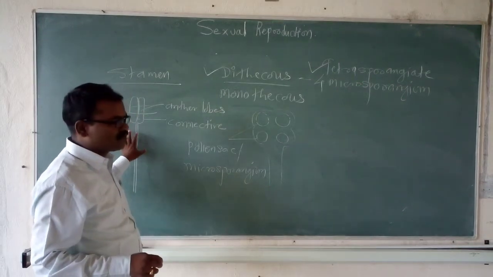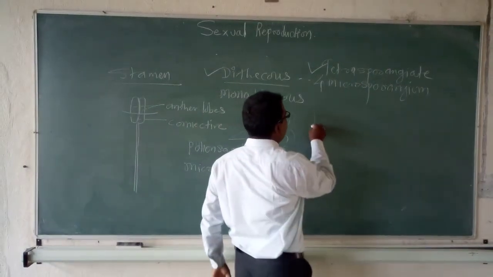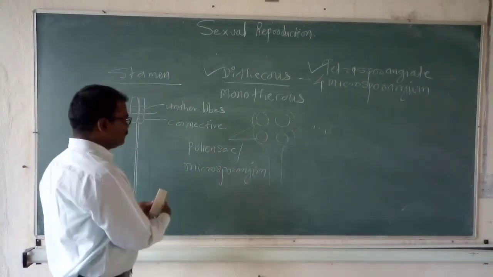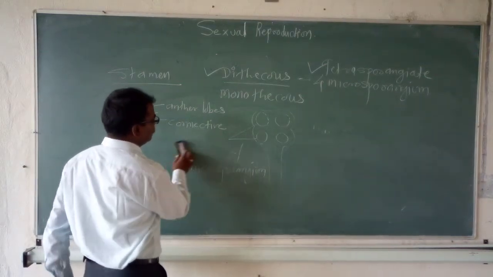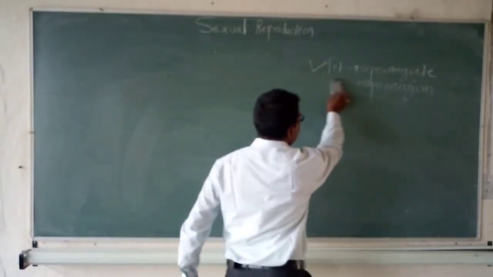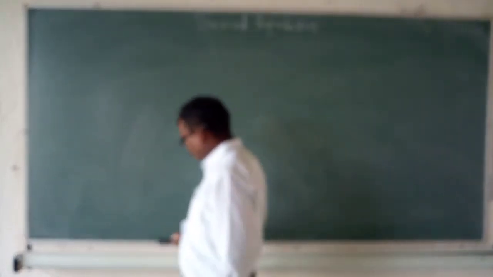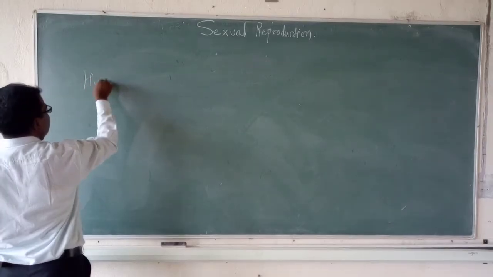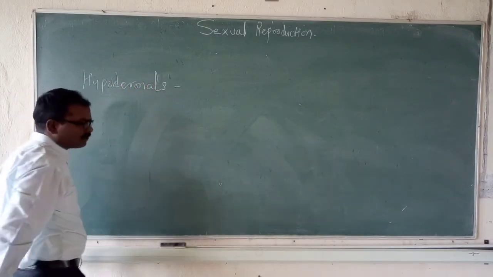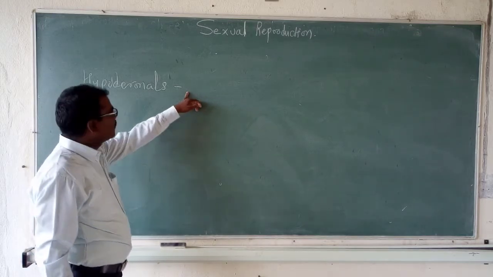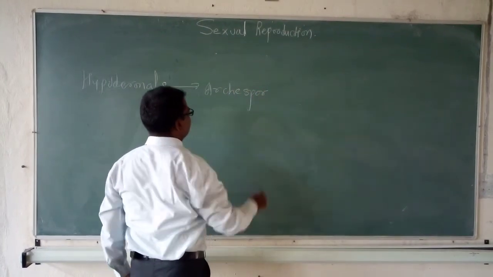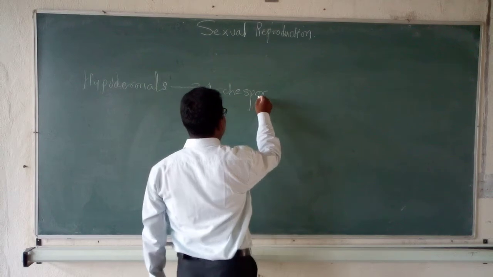When the stamen is in an immature condition, some hypodermal cells get divided into archesporium, the archesporial cells.